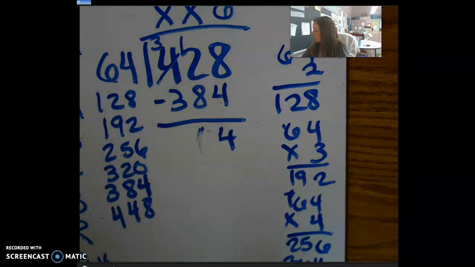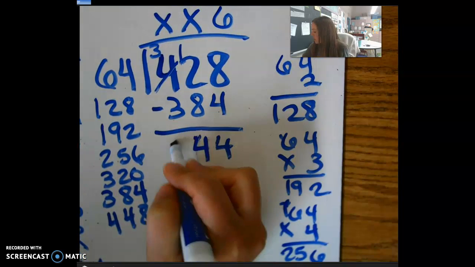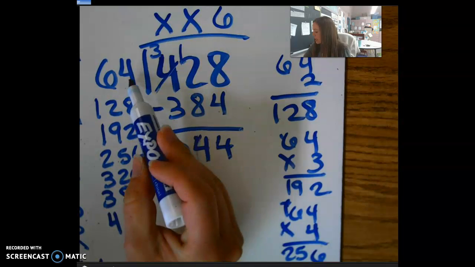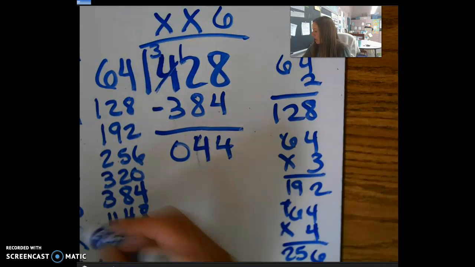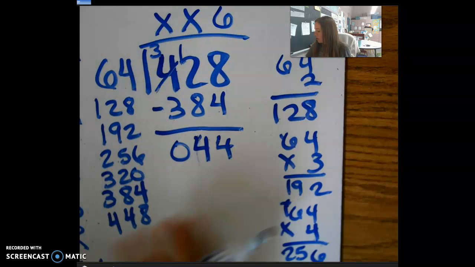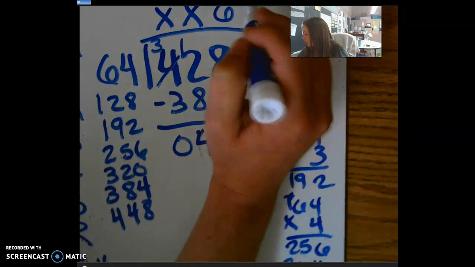Sorry. And 0. Okay, I'm going to check. Is 44 less than 64? Yes. I'm going to bring down. Well, I have nothing left to bring down, which means my R is now my remainder.